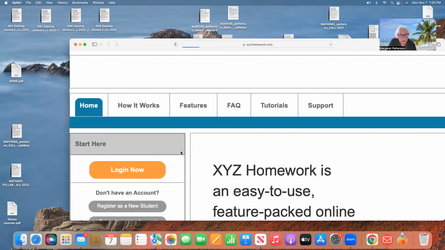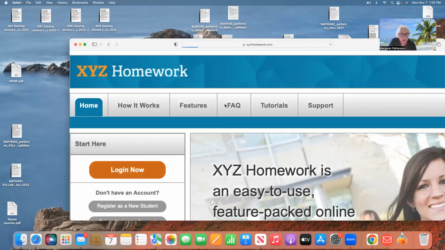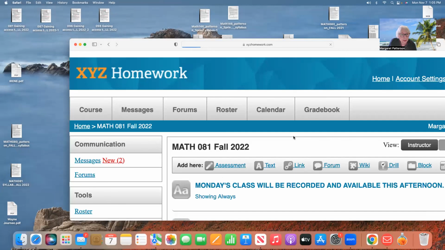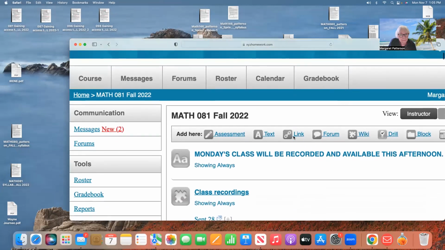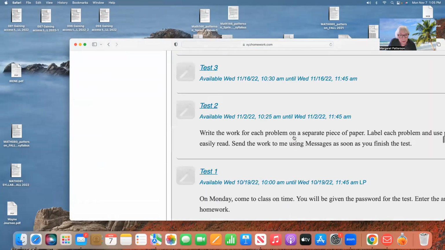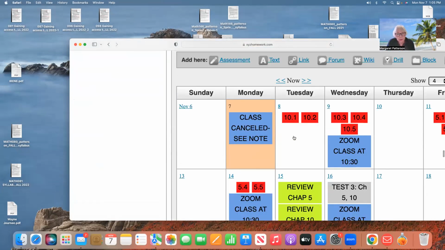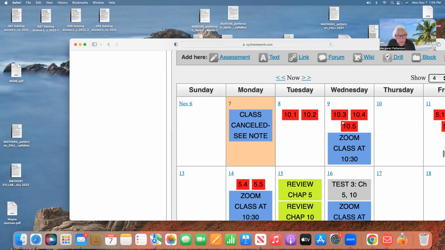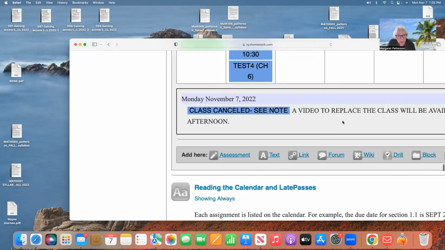So let's go back to XYZ and let's go there. And when you start looking at these homework, notice I put 10.1 and 10.2, which probably is doable. I put it due Tuesday night, use a late pass if you need to. The rest of these are due Wednesday night. I may move that too, but that's where it is.